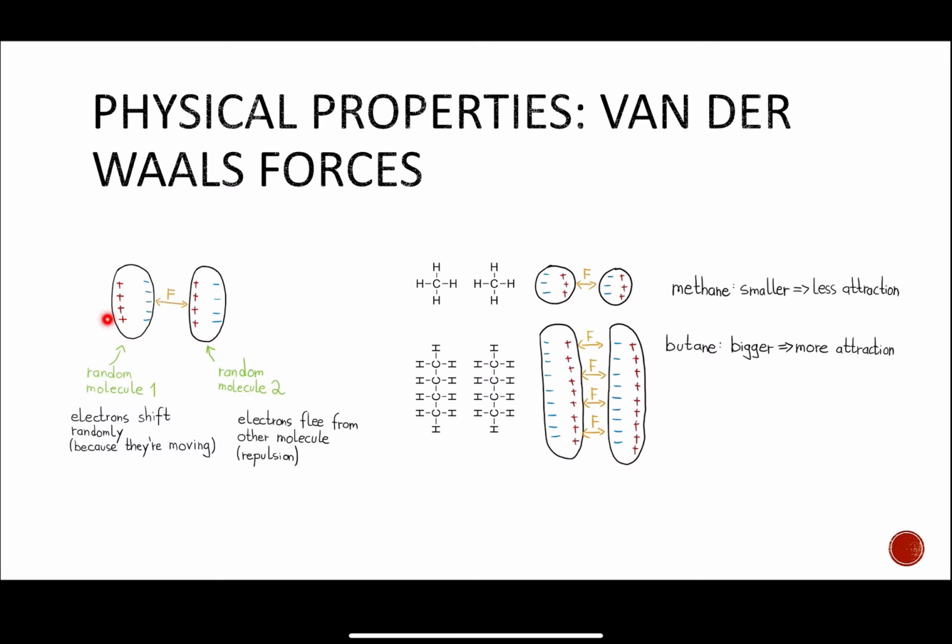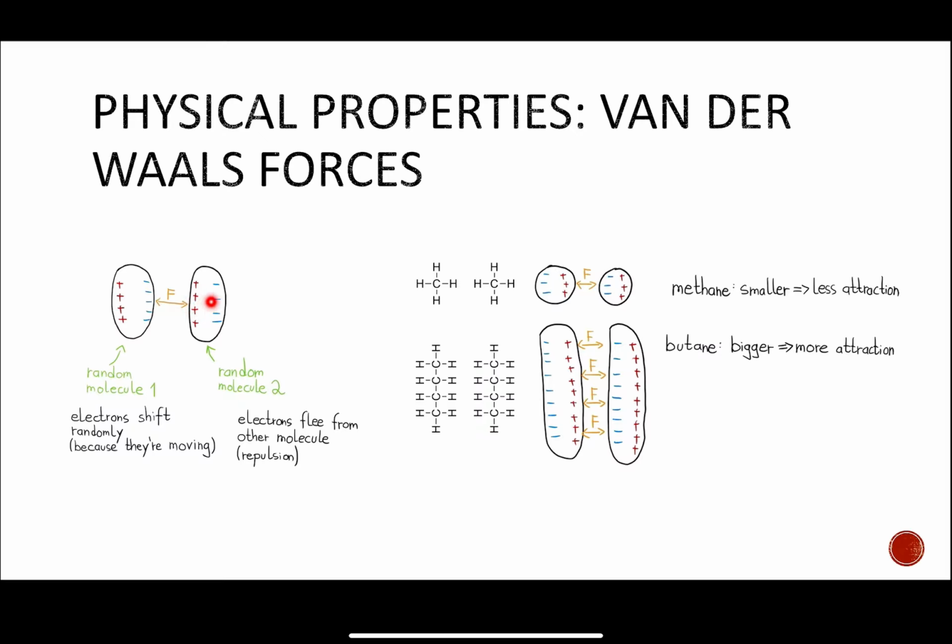And this so-called induced dipole, this molecule with partial charges, interacts with surrounding molecules. Because in the neighboring molecules, for example molecule 2 over there, we also have electrons, and they are repelled from the partial negative charge of molecule 1.